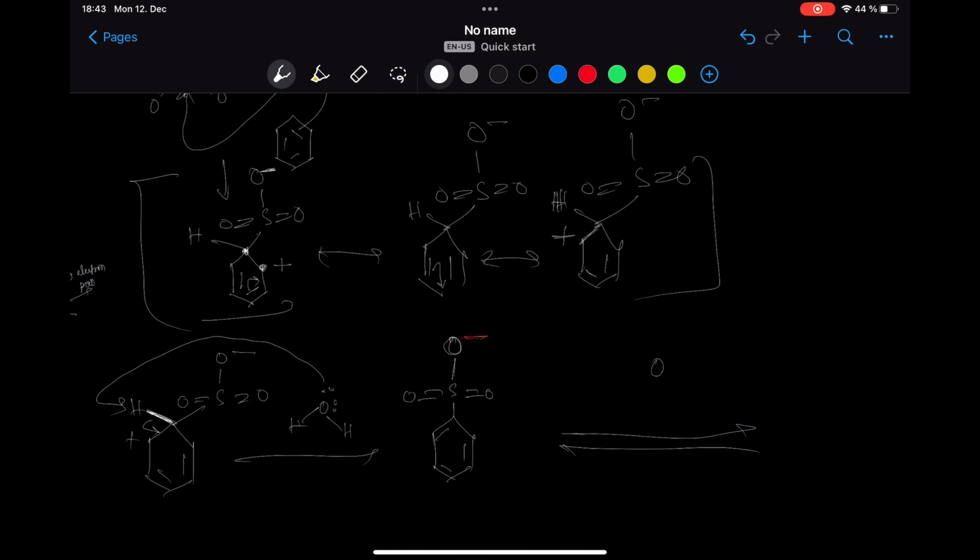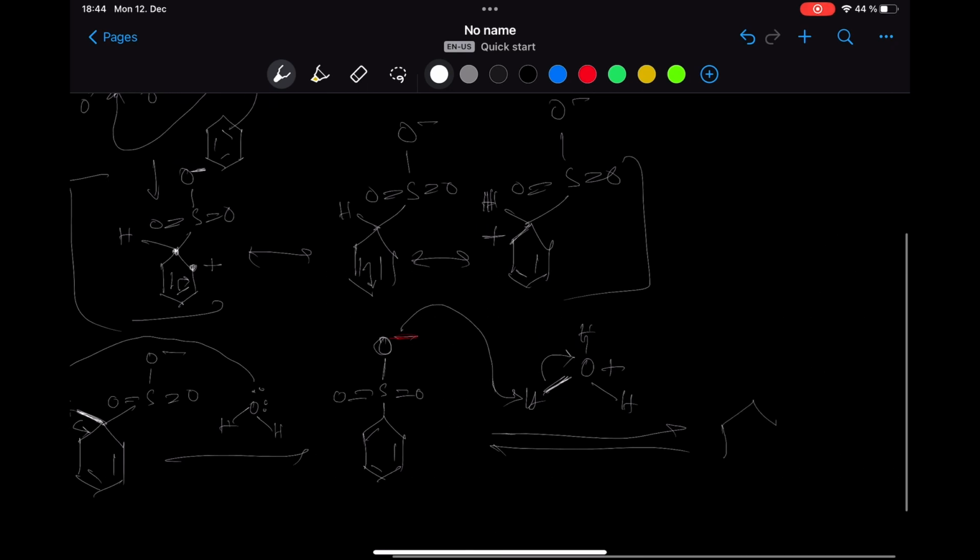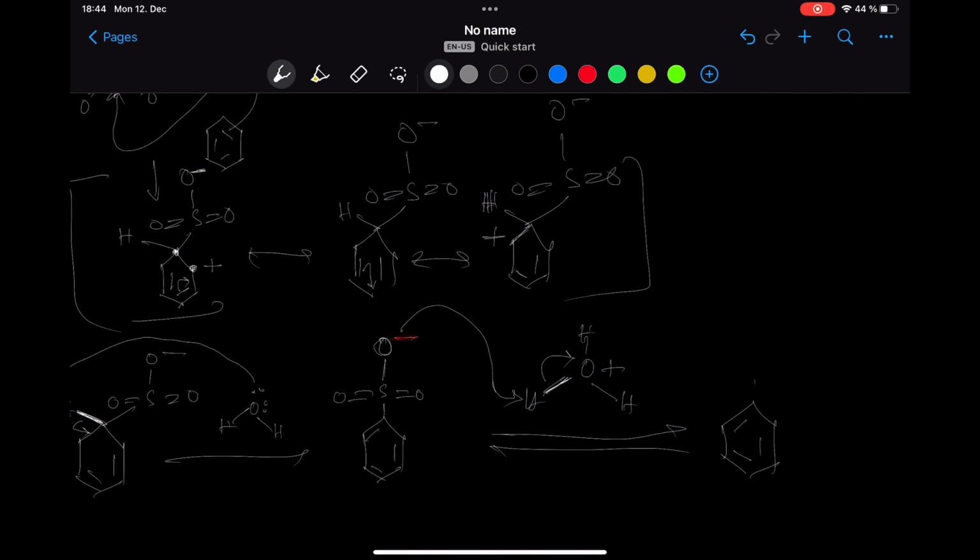So we have H3O plus, there is a positive charge on this oxygen atom. So this negative charge will try to pull away this hydrogen, and the bond between this oxygen and hydrogen will break. The electrons will be left on this positively charged oxygen atom, and we will form our final product that looks like this.